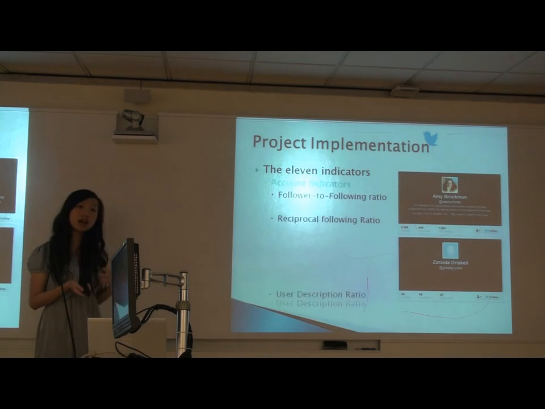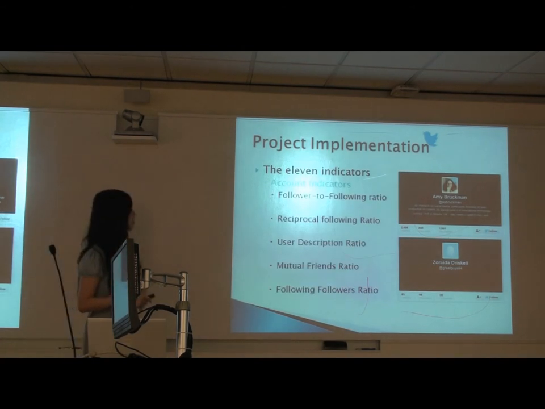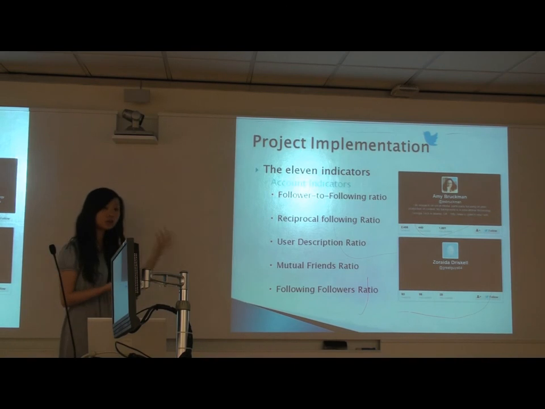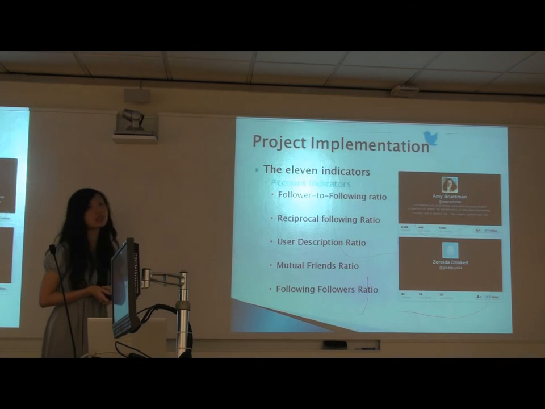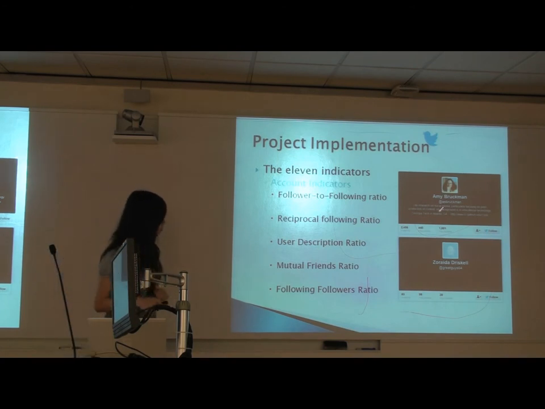So from observation, I have obtained 11 indicators based on my observation and previous papers. These are categorized into two types. The first type will be account indicators that take account information to identify whether he or she is a spammer. I will not explain each of them in detail, but you can see, for example, the user description ratio. You can see that this is an account for a real user and this is for a spammer.